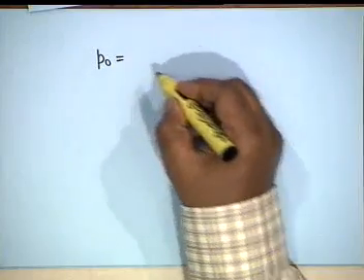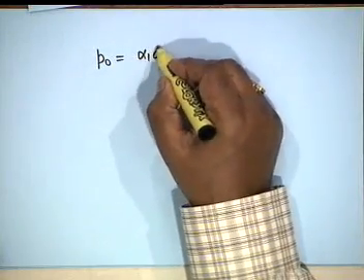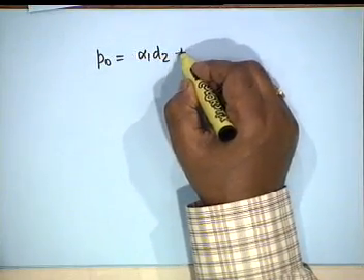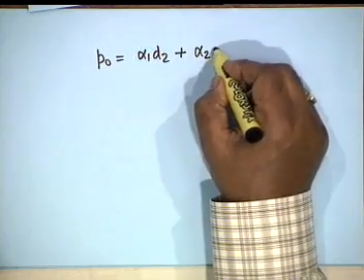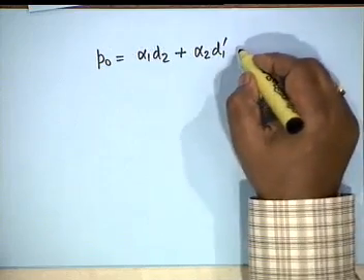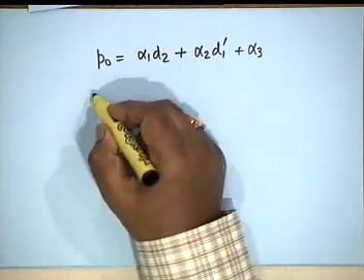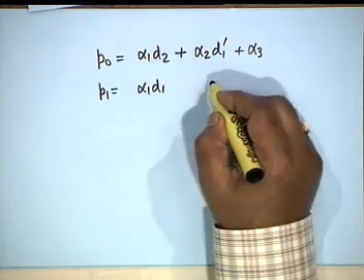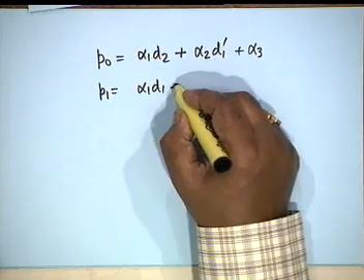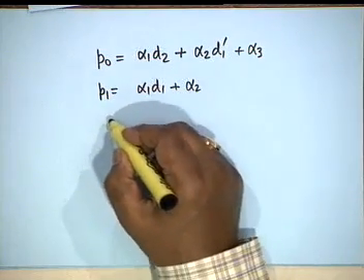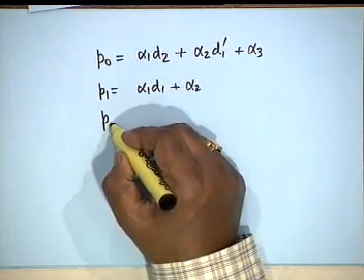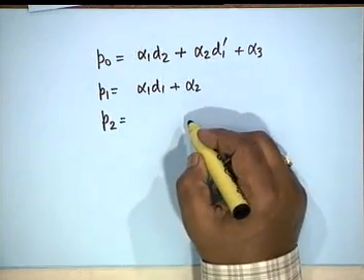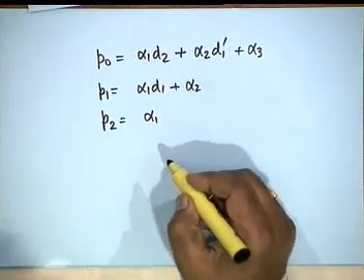Obviously, P0 should be equal to alpha 1 d2 plus alpha 2 d1 prime plus alpha 3. P1 should be equal to alpha 1 d1 plus alpha 2, and P2 should be equal to alpha 1.